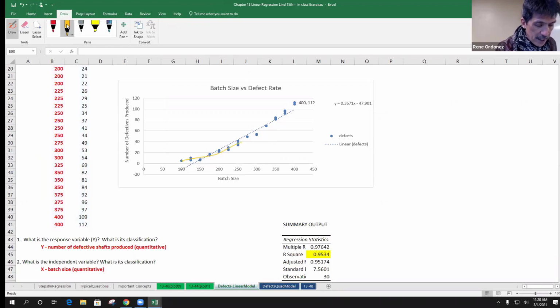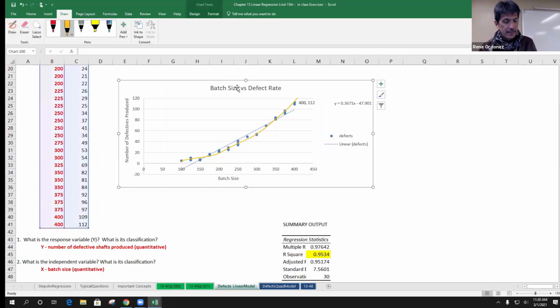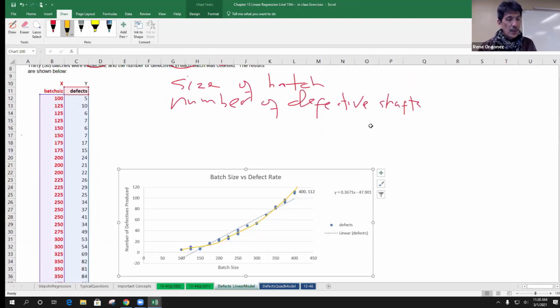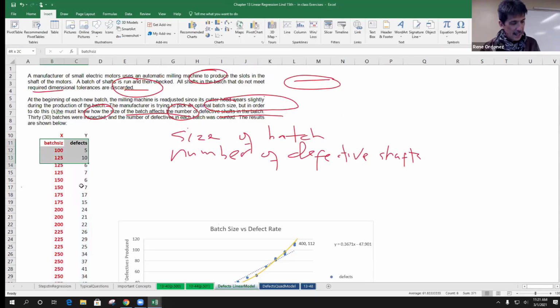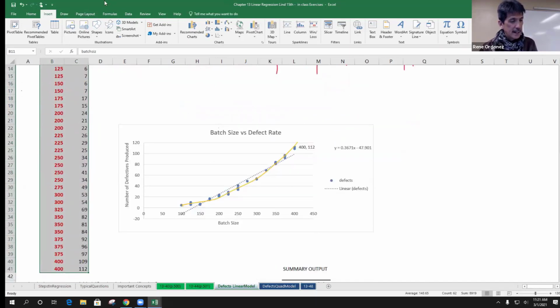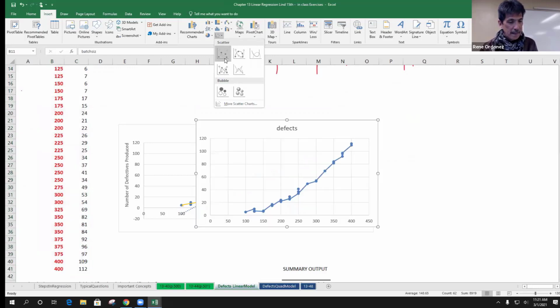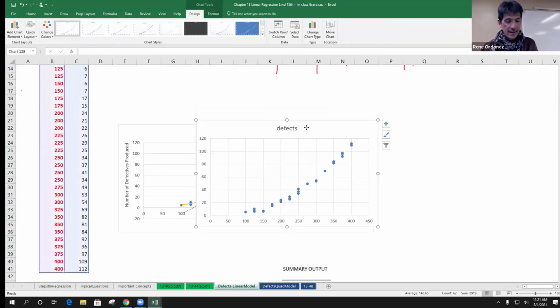Well, we observed that to be more curved. So let's go back to this scatter plot, and let me recreate another scatter plot side by side so we can do a side-by-side comparison. Highlight these two columns, insert XY scatter.